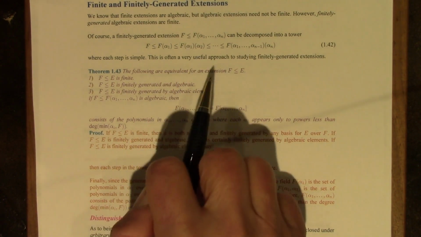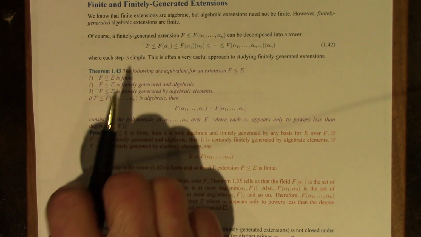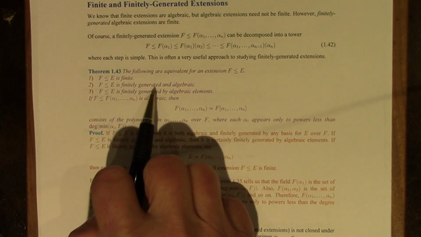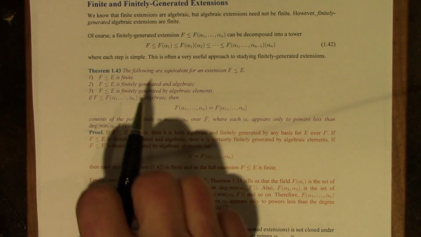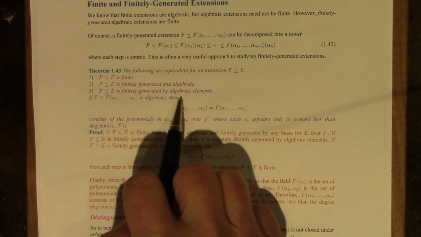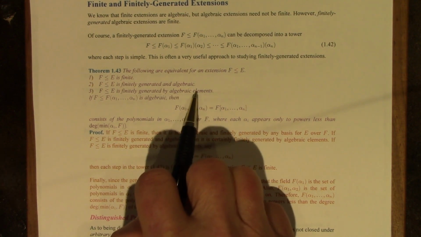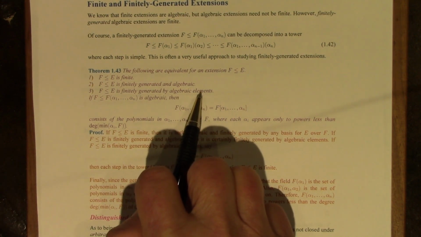The following are equivalent for an extension E over F. One, E over F is finite. Two, E over F is finitely generated and algebraic. Three, E over F is finitely generated by algebraic elements, meaning that just the generators are assumed to be algebraic.